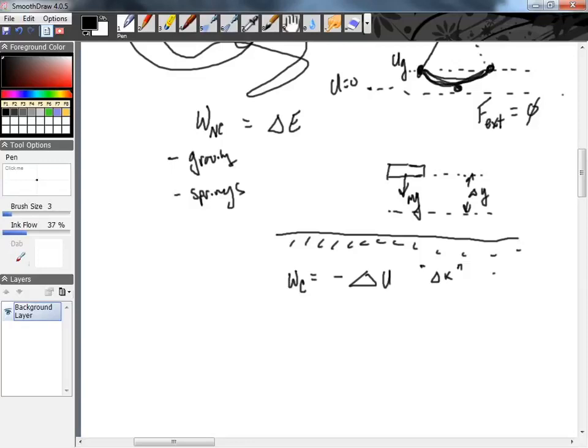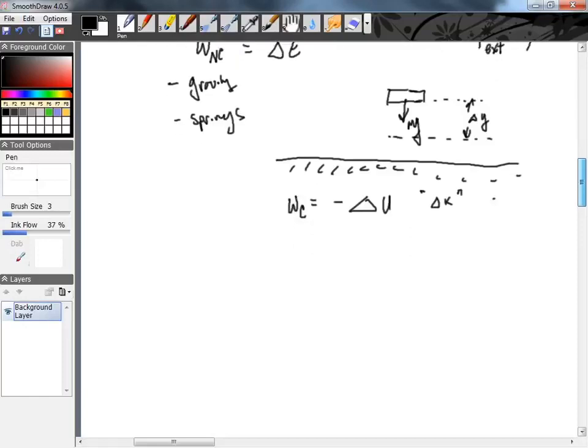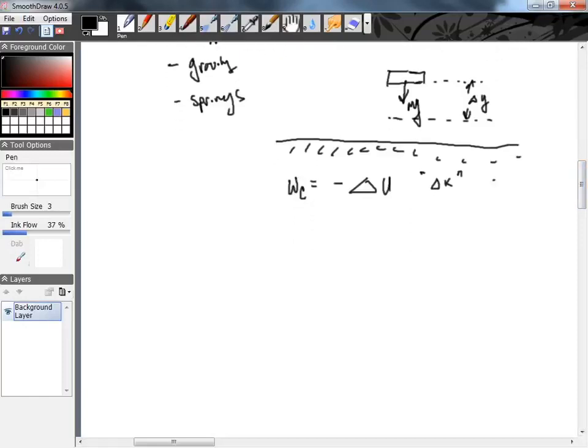Now we want to go somewhere with this, and we get to enter the Physics C portion of our discussion.